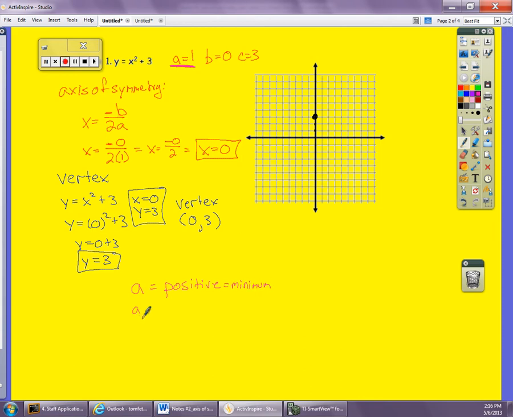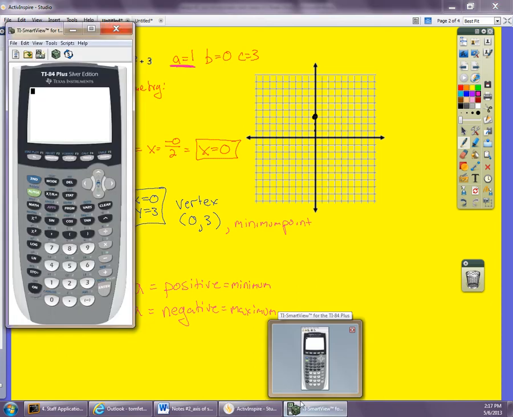And if a is negative, it's a maximum. We're going to talk about that also. When we look at this, a is positive, so we have our vertex of (0, 3), and we know that this is a minimum point, meaning everything is going to be higher than that, so it's all going to go up.